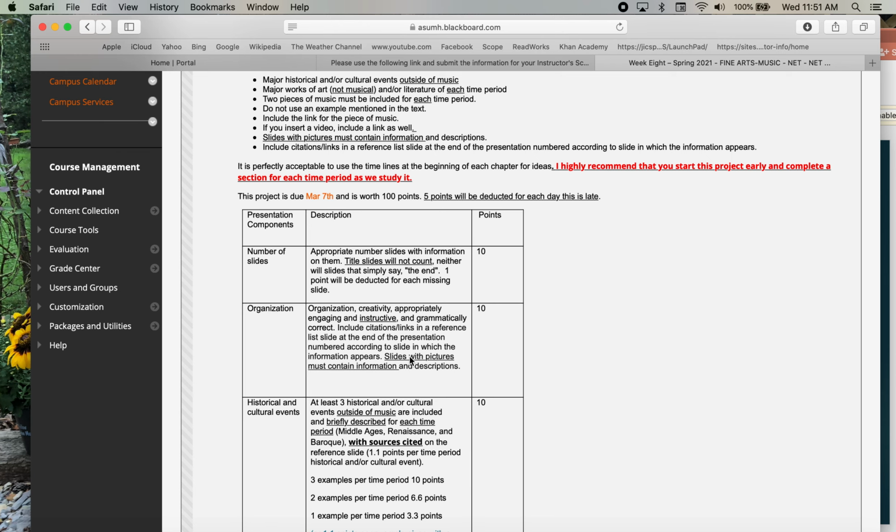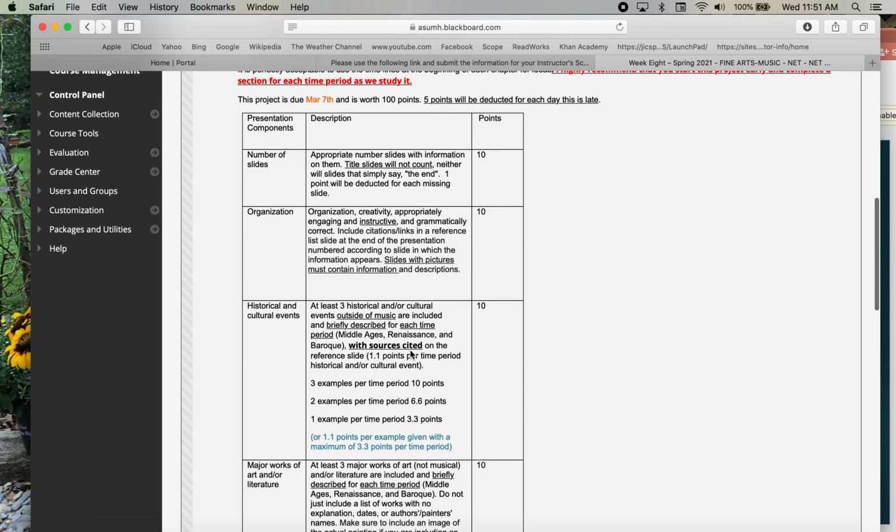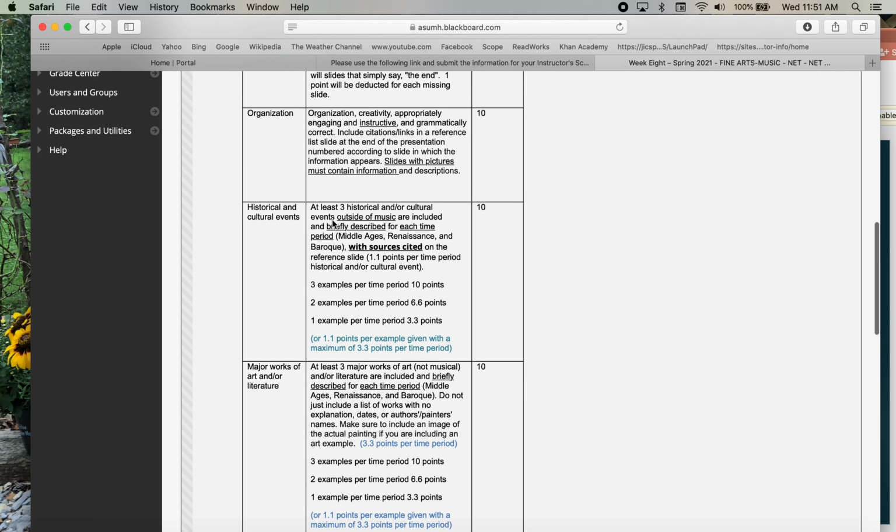Organization, I'm expecting it to be neat, grammatically correct, with citations, and so on. Historical and cultural events, I'm looking for at least 3 historical and or cultural events outside of music, briefly described. Do not just do a list of things that happened in that time period. Actually describe them briefly.